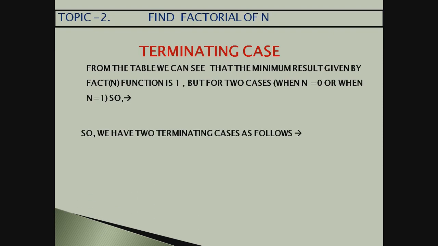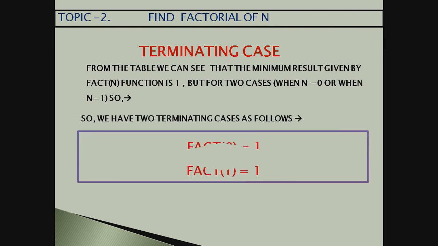Actually there are two terminating cases. Fact 0 would give us 1 and fact 1 will also give us 1. That is, when n is passed with 0, it gives back 1. When n is passed with 1, it gives back 1. This is to be remembered, students, because this is what we would be using for coding our function of factorial, that is finding factorial of n. We will use the terminating case information for it.